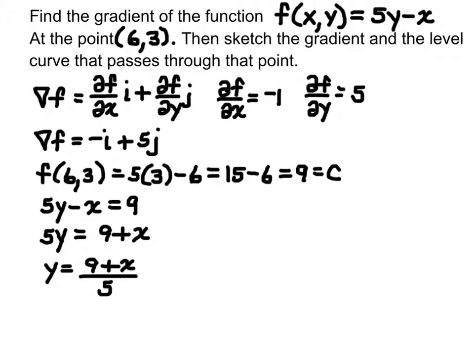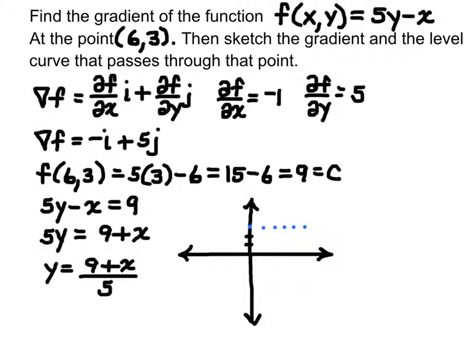Now to sketch this, there's our y-axis and our x-axis, and the y-intercept is 9/5, so just a little under 2, and the slope is up 1 over 5, so up 1 over 5. 1, 2, 3, 4, 5.